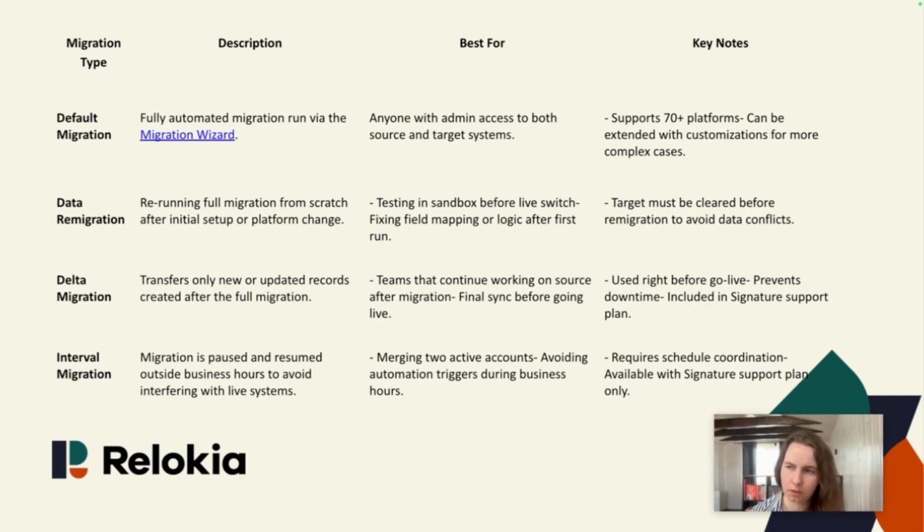But the most common use case is that you want to do a full test migration to your sandbox before actually switching and doing a live migration. So first you do a full migration to sandbox, check if everything migrates properly, and then you do the live migration to your live instance as the final step.